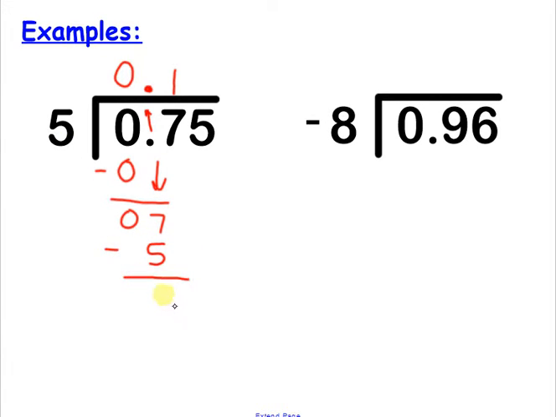Subtract. 7 minus 5 is 2. Bring down the 5. 5 goes into 25 5 times. 5 times 5 is 25. Subtract. 25 minus 25 is 0. So your answer here, positive divided by positive, is 0.15.